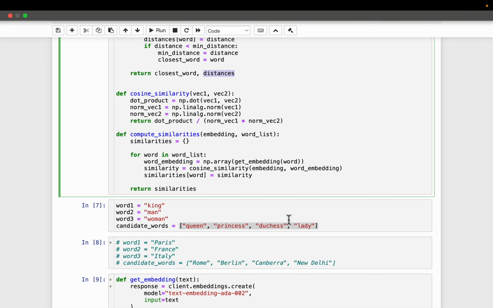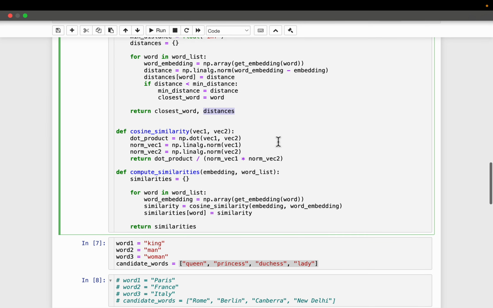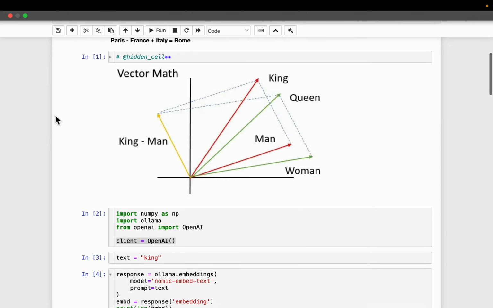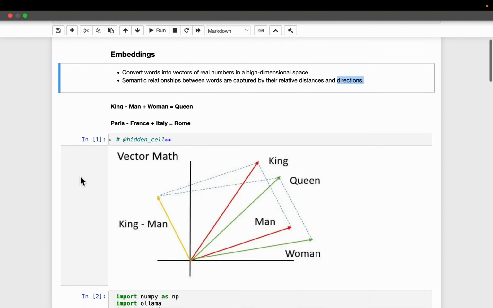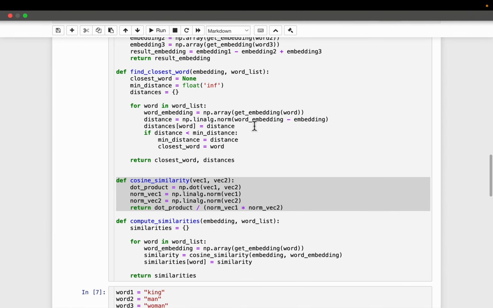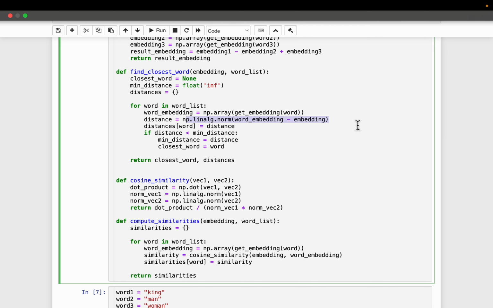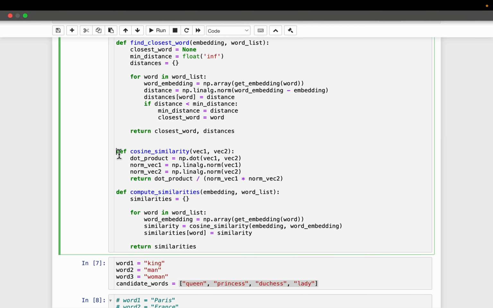And then here we have another function which computes the cosine similarity. Now, as we discussed here, the relative distance and direction are both important for the embeddings. So here we have computed the relative distance, and here we are going to compute the direction through this cosine similarity.